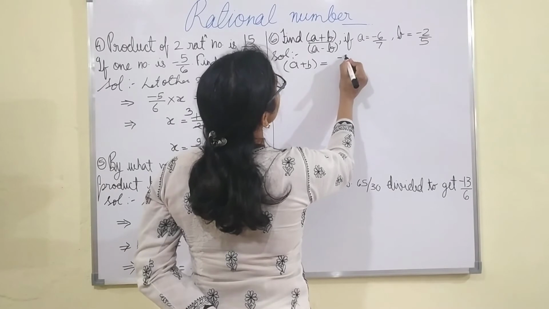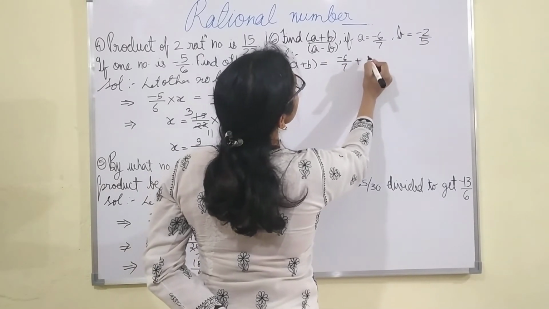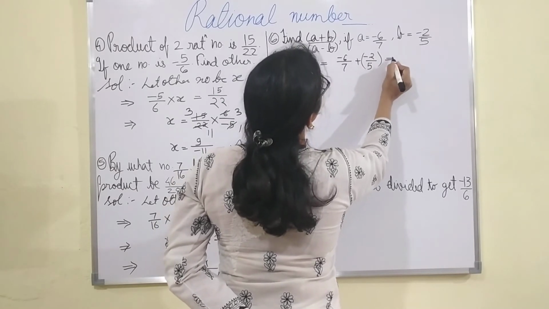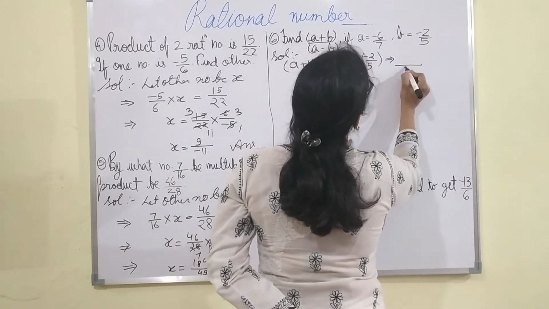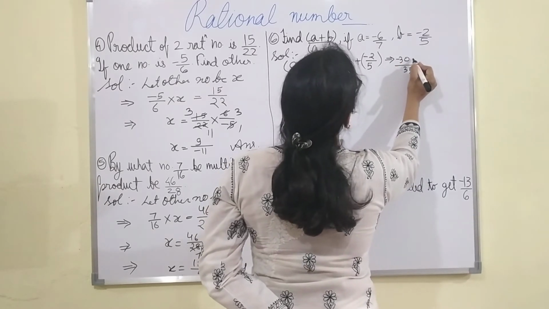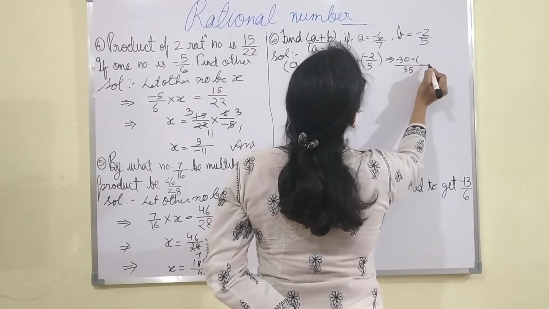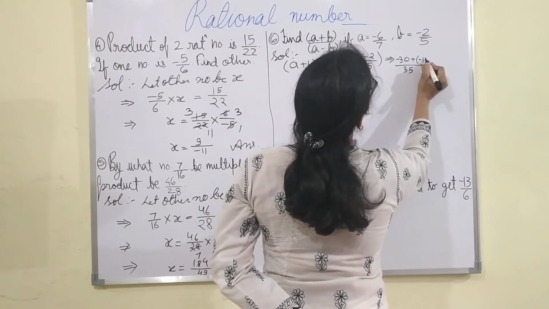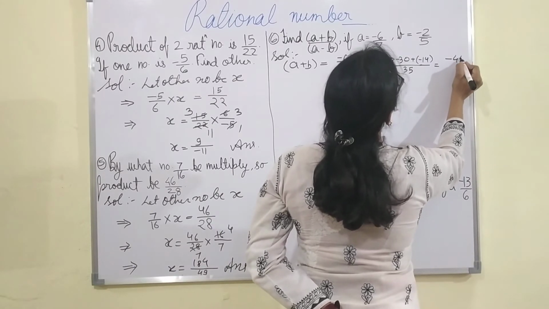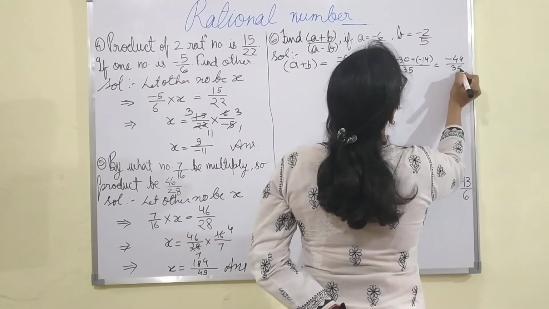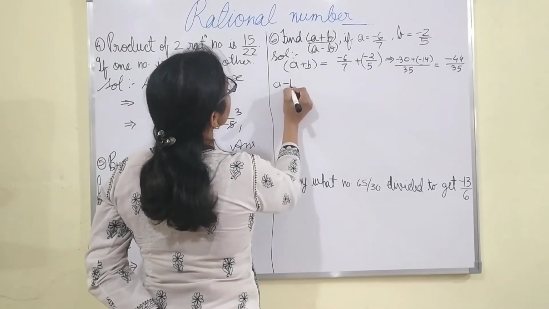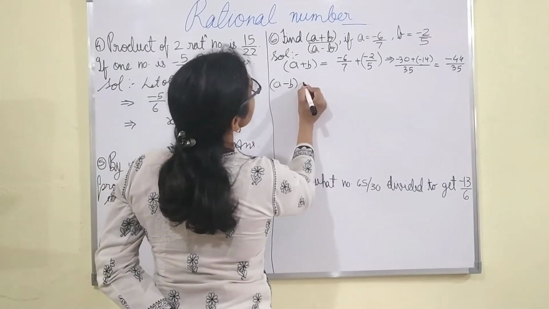So minus 6 upon 7 plus minus 2 upon 5. It will become minus 44 upon 35.